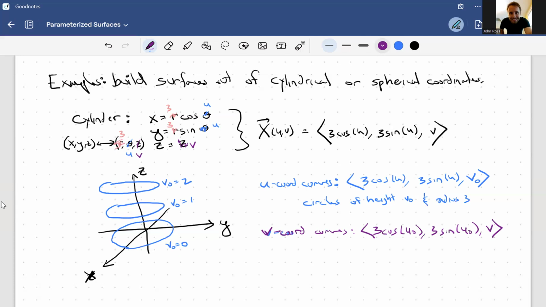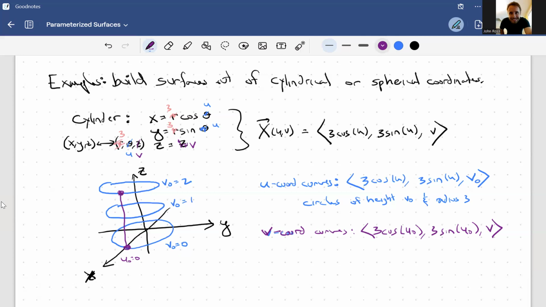And so for a given fixed u naught, we're really fixing our angle here. So if u naught equals 0, we're looking at angle 0. And then as v is allowed to vary, the only thing that's going to change here is our z coordinate. So we're going to end up going straight up. And that might correspond to a v coordinate curve at u naught equals 0.